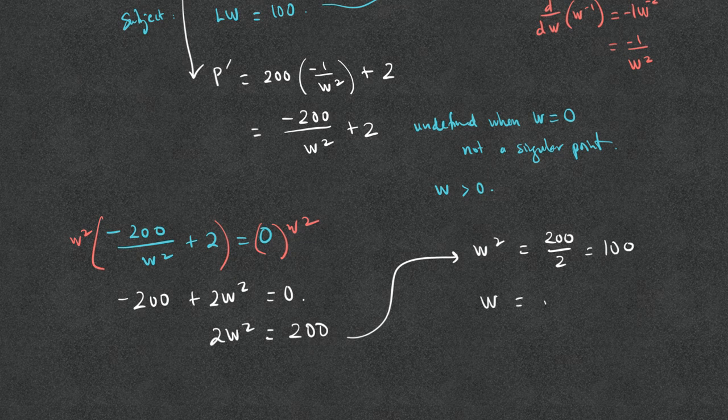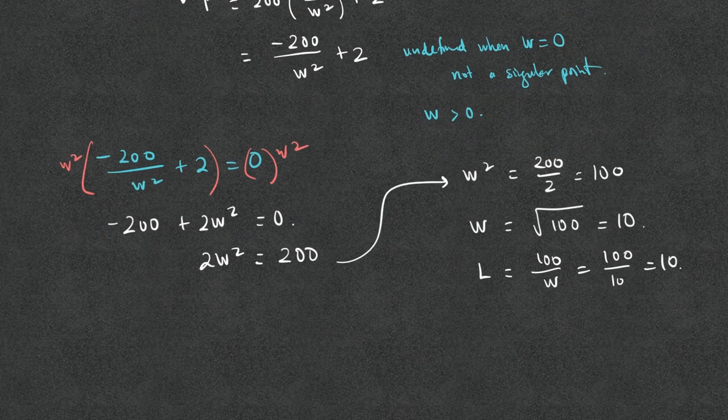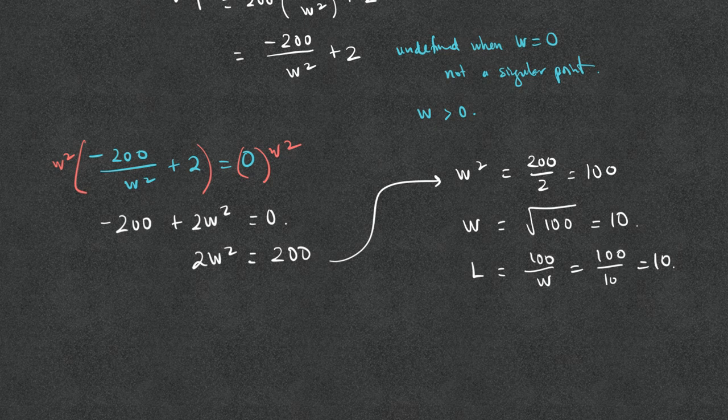W equals the square root of 100, which equals 10. Again, W has to be positive. If W equals 10, then the length is 100 over W, and so the length L is 100 over 10, which is also 10. And so the tentative answer, the possible answer, is when the length is 10 and the width is 10.